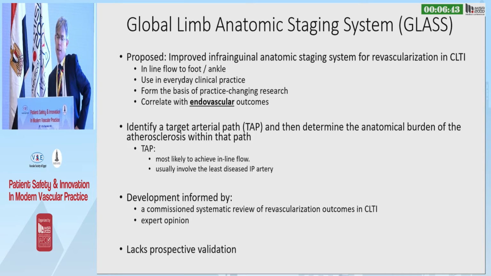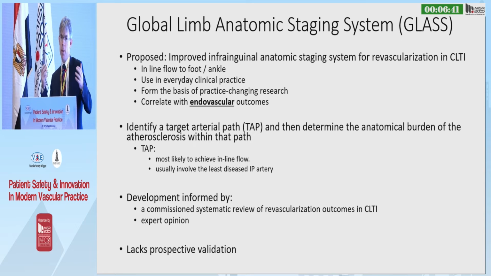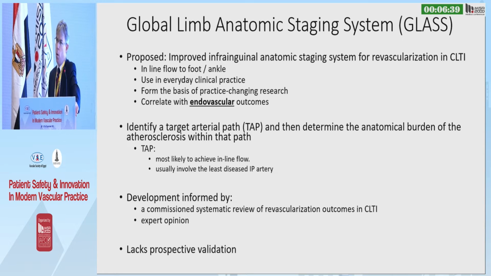But I think the feeling of the guidelines was that it probably wasn't well used within the vascular community. So they proposed a system that guided inline flow to the foot, that could be used in everyday practice and would form the basis of practice-changing research. They mainly wanted it to focus on endovascular outcomes, because that's where we try and actually treat the de novo atherosclerosis.